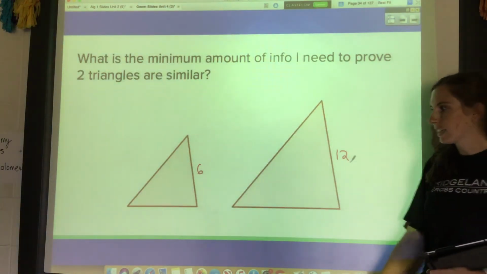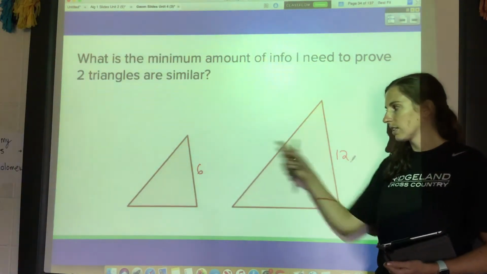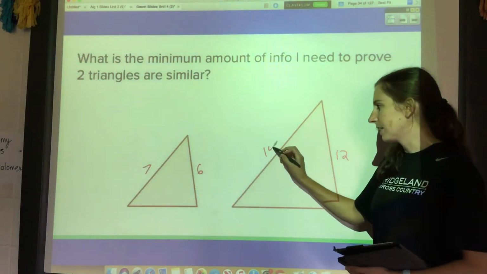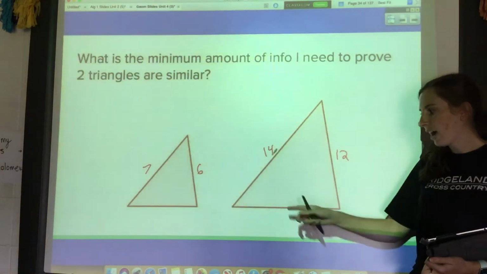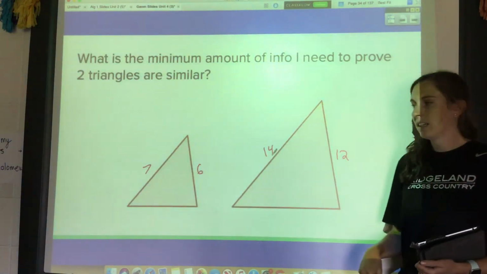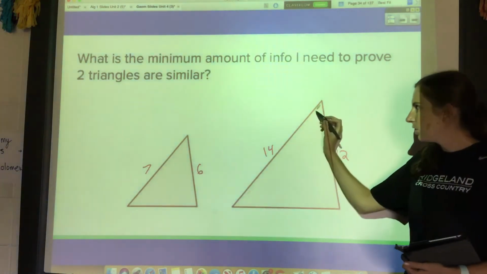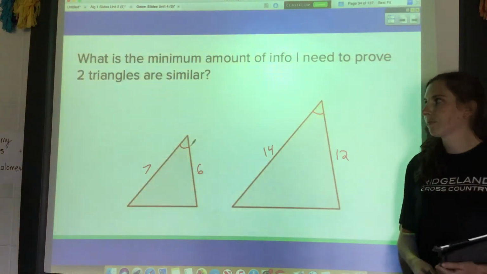Do you think that these two are proportional as well? If this is 6 and 12 and this is 7 and 14, is that enough to know that they're similar? Do I have to know the third side? Or if I knew that these two angles were congruent, is that enough to know that they're similar?